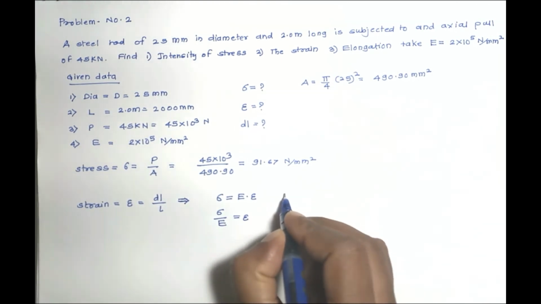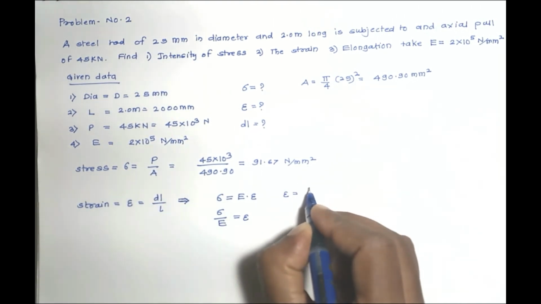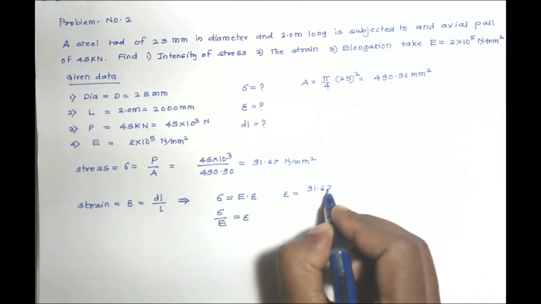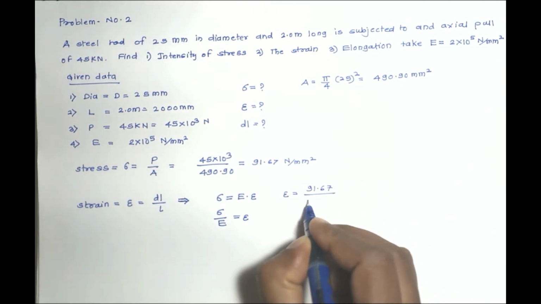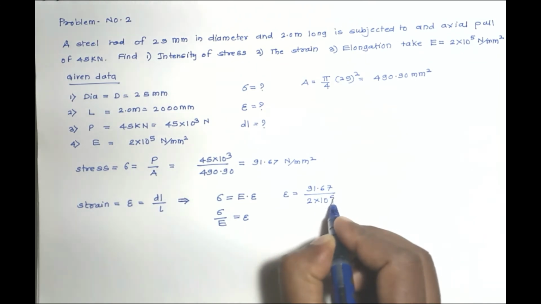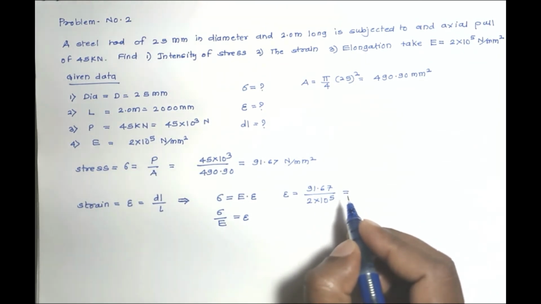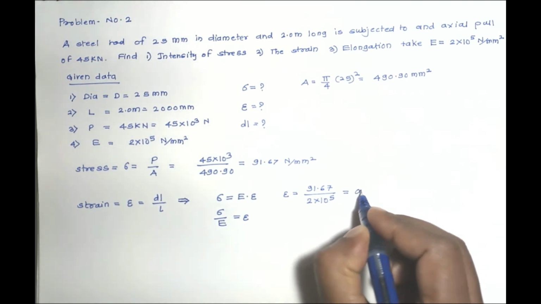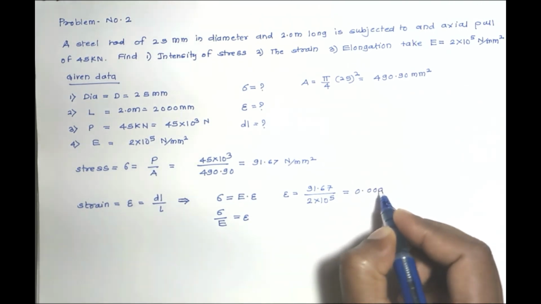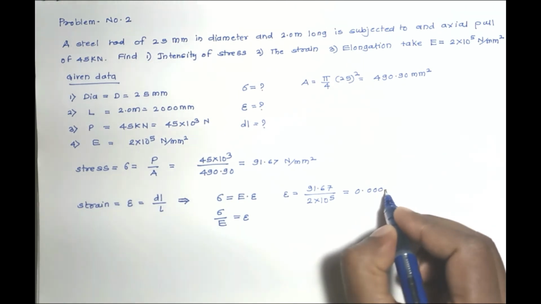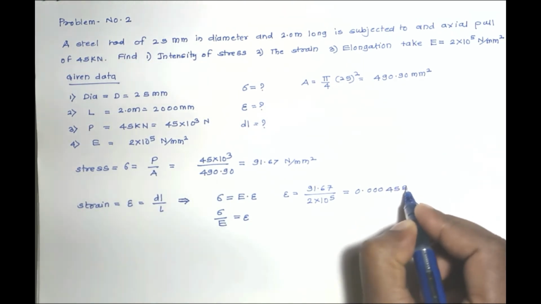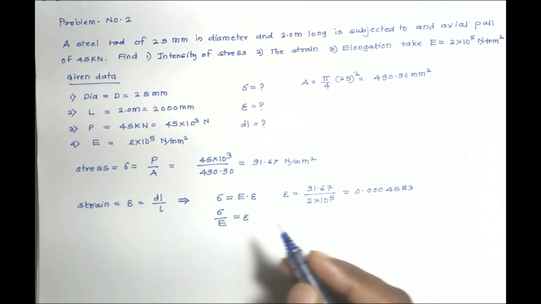So strain is equal to stress, 91.67, divided by the value of E, which is 2 into 10 to the power 5 Newton per millimeter square. From this you will get the value of strain as 0.0004583. This is the value of strain.